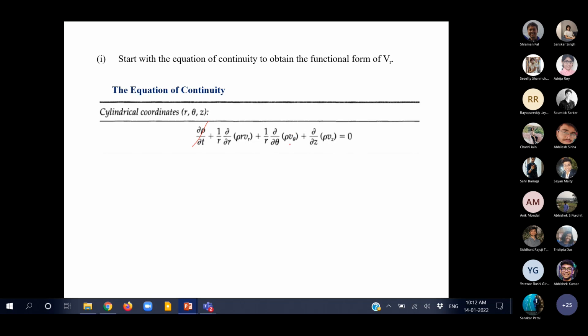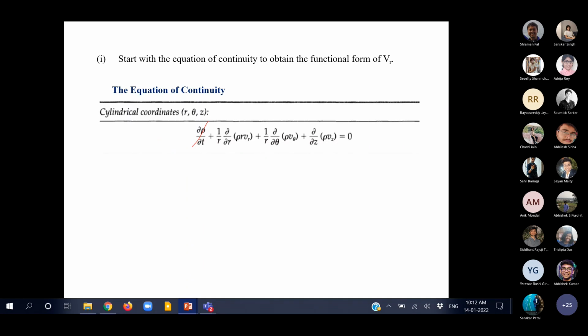The v theta. What about this third term, del theta of rho v theta? First of all, do we have v theta? Yes. And how about del theta of rho v theta? Probably 0.